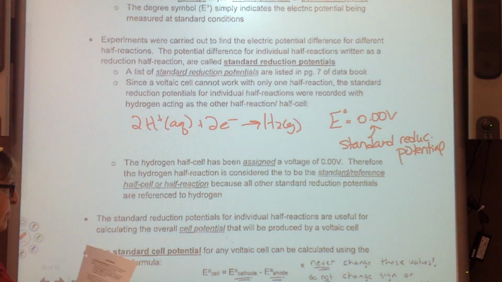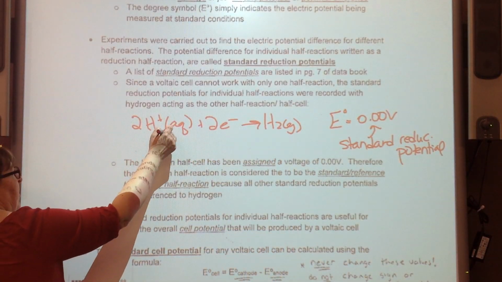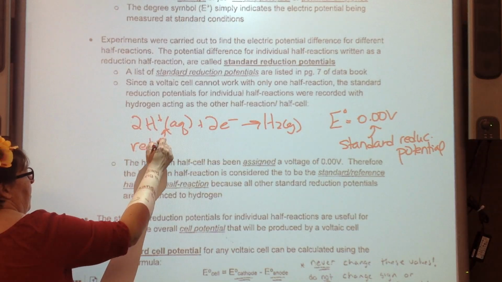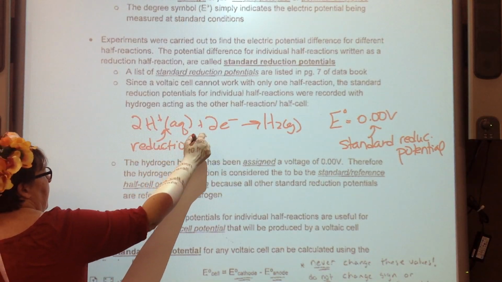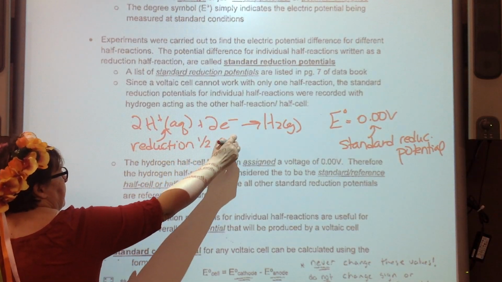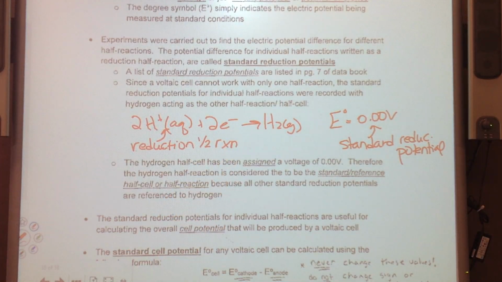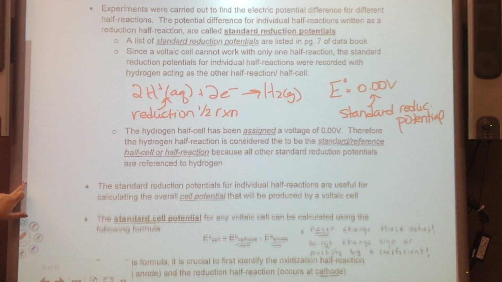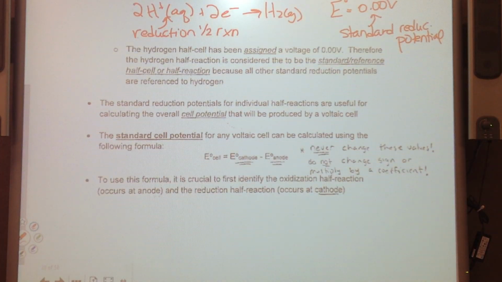Okay? Because this here is the reduction half reaction. So hydrogen half cell is assigned a voltage of 0. So it is considered to be the reference cell or the half cell, half reaction. All other standard reduction potentials are referenced to hydrogen. Okay? And so you use those to calculate the cell potential.